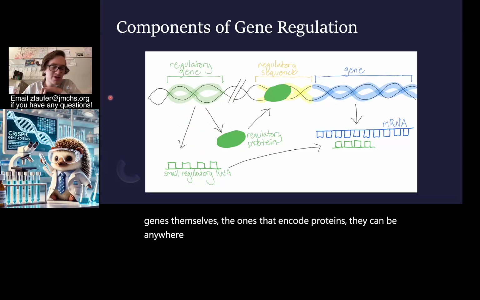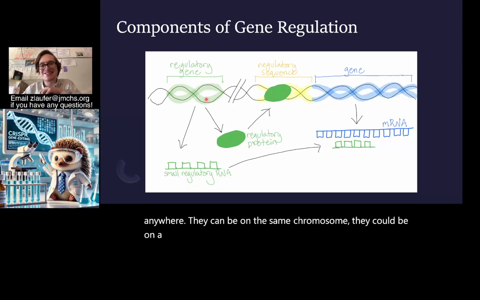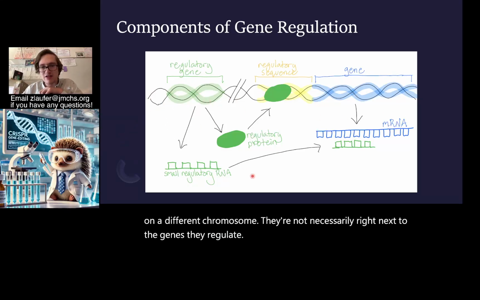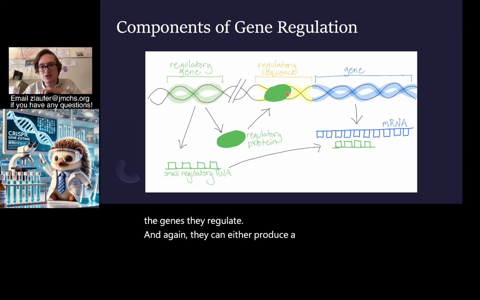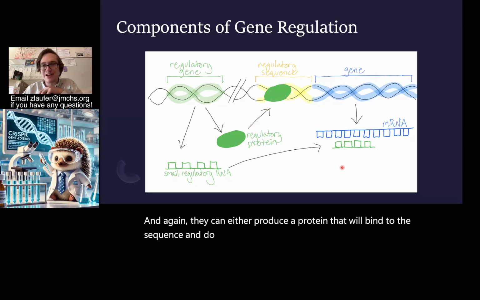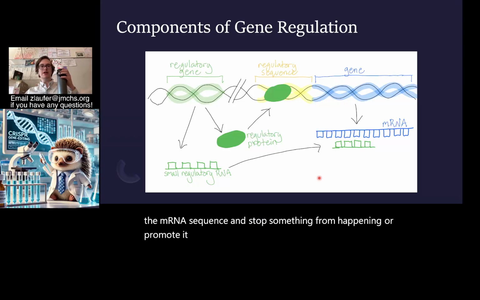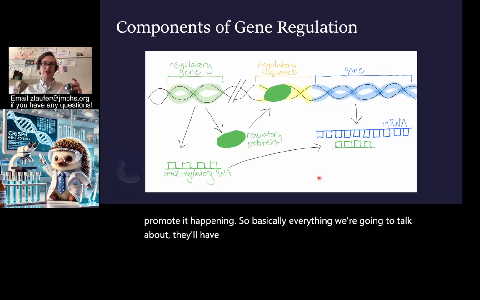They can be on the same chromosome. They could be on a different chromosome. They're not necessarily right next to the genes they regulate. And again, they can either produce a protein that'll bind to the sequence and do something, or a small RNA that will also bind to the mRNA sequence and stop something from happening or promote it happening. So basically everything we're going to talk about will have slightly different namings, but they will all fall into one of these categories.